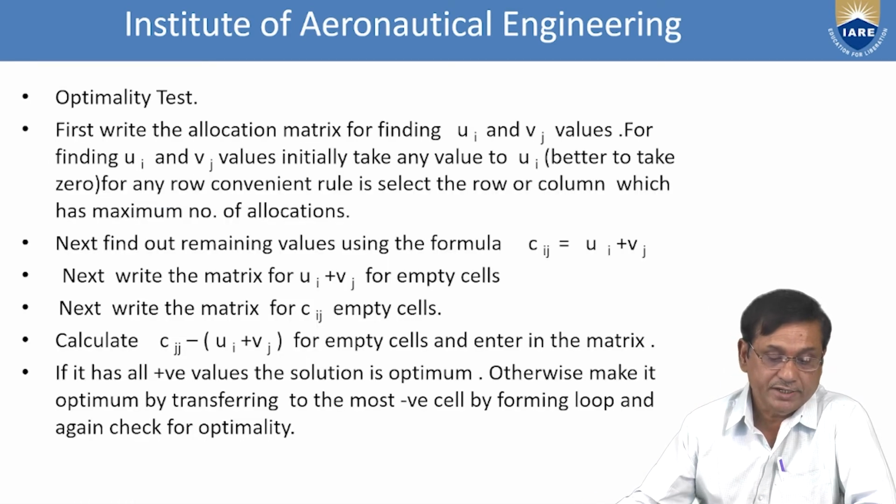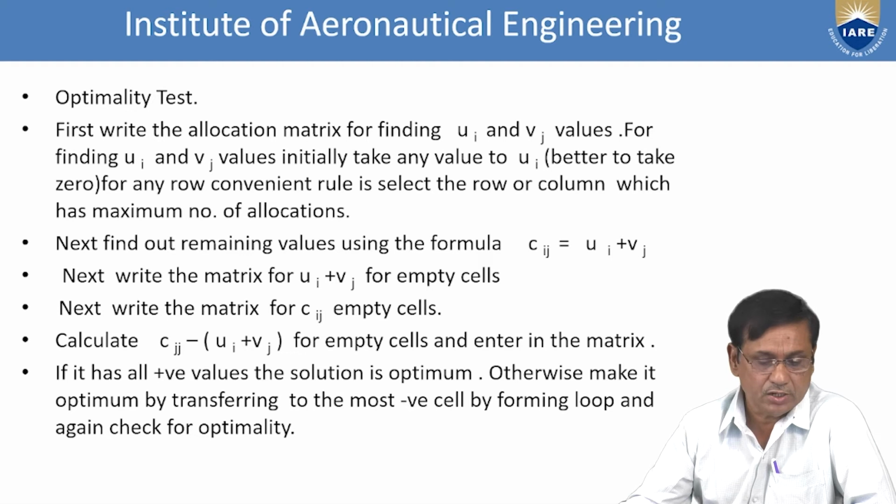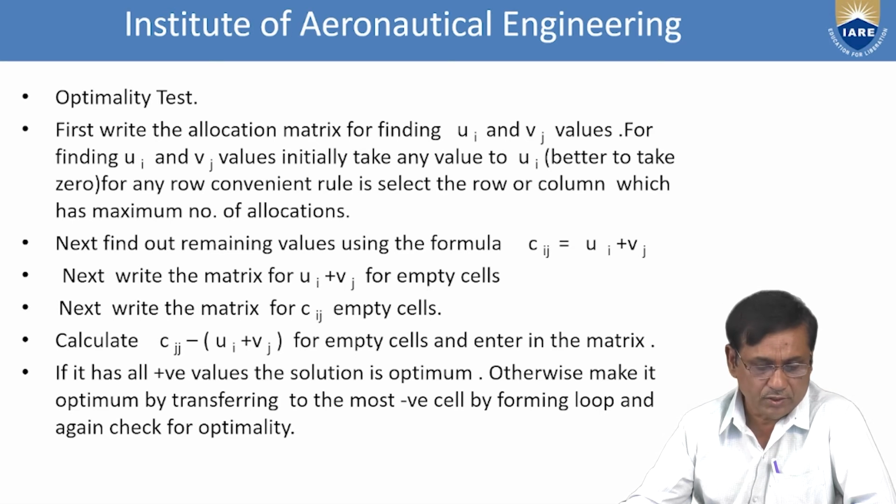Then optimality test. So for performing the optimality test, first write the allocation matrix for finding Ui and Vj values. For finding Ui and Vj values, initially take any value to Ui, better to take 0. For any row, convenient rule is select the row or column with maximum number of allocations.